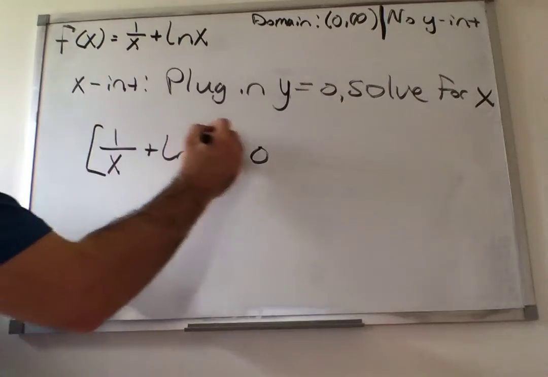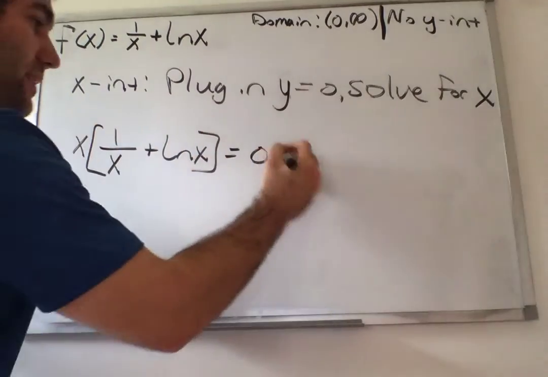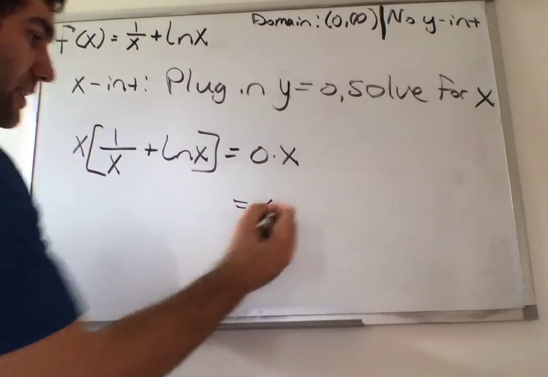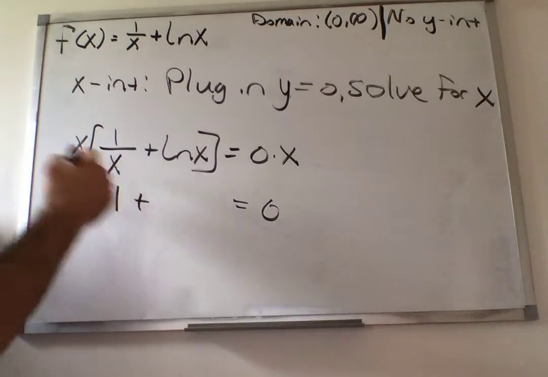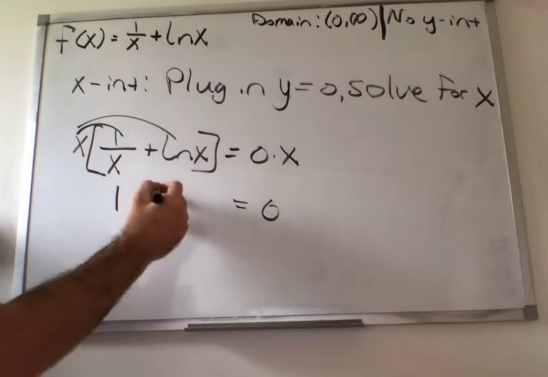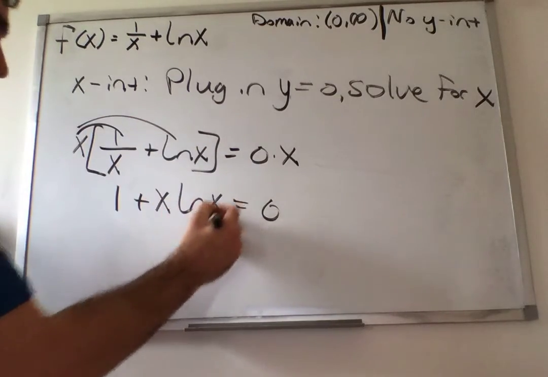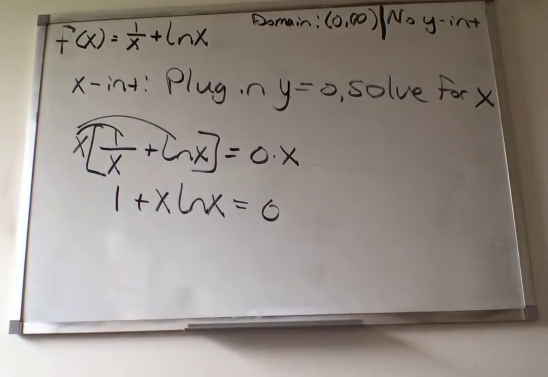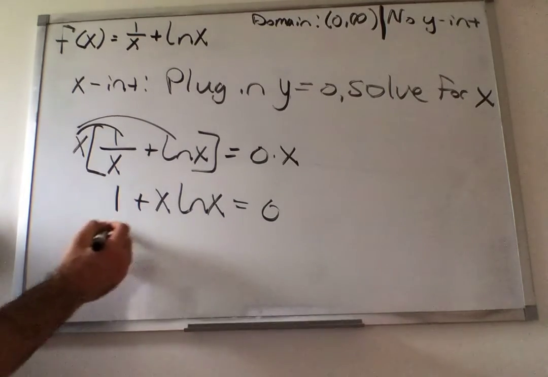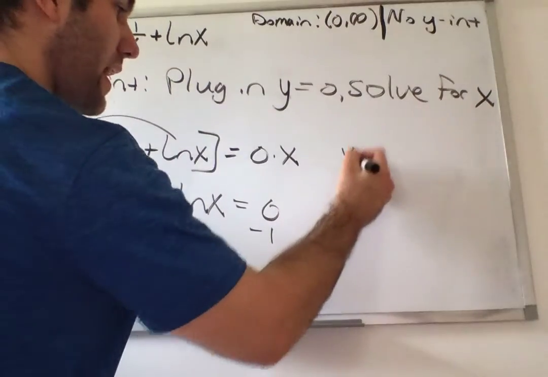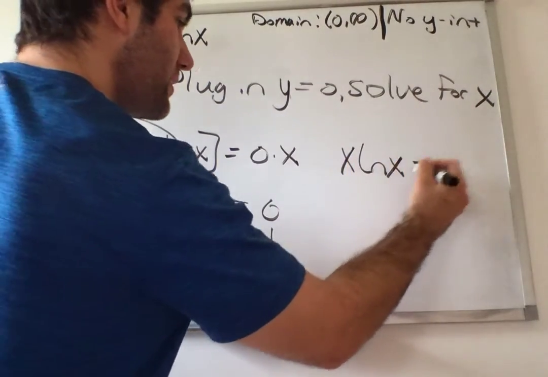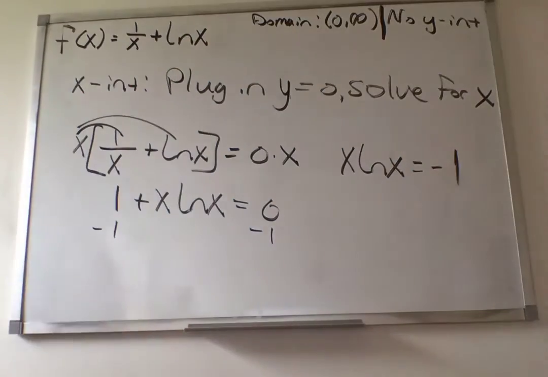I'm going to multiply both sides of this equation by x. 0 times x is 0. x times 1 over x is 1, plus, distributing it here, x ln of x. Let me subtract 1 on both sides. We get x ln of x is equal to negative 1.